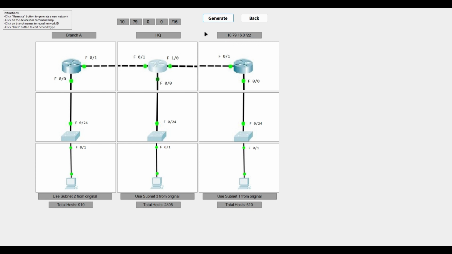Yep, that's correct. HQ we said will be 10.79.48.0/20. Yep, correct. Branch A will be 10.79.32.0/22. Yep, correct. So now we can go to the next step.